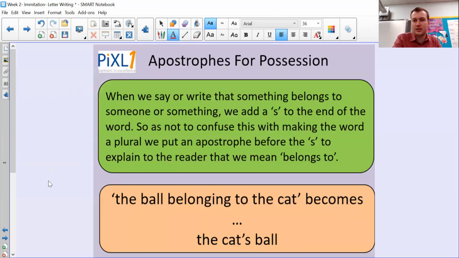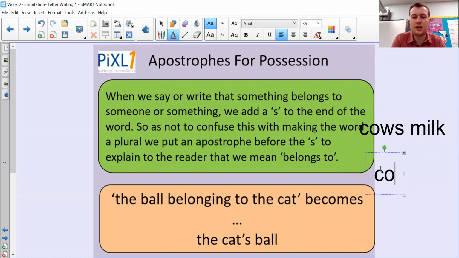When we say or write that something belongs to someone or something, we always add an S to the end of the word. But we also add an S for when there's more than one of something. For example, cows' milk tells me that there's lots of cows who have milk, as opposed to cow's milk, which is one cow and their milk.